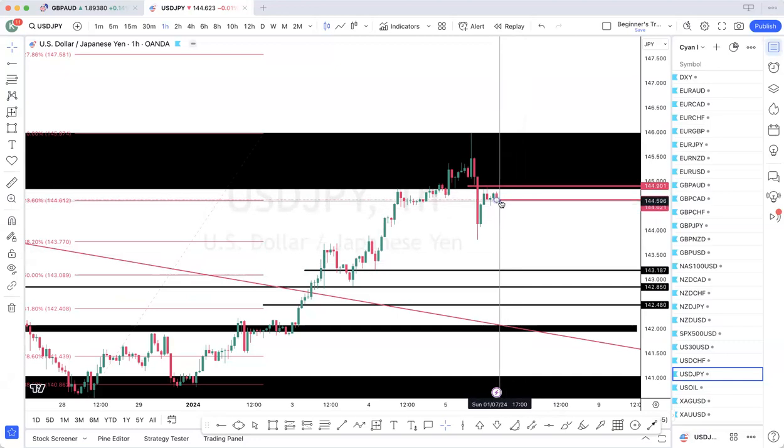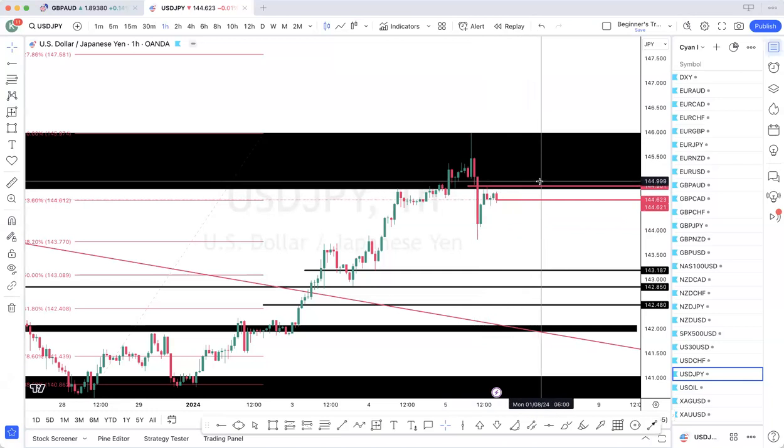So maybe on Monday after midnight, once it gives the bias, Monday and Tuesday might go up to tap into this imbalance. And then Wednesday, Thursday, Friday, it might just be going down. Like I said, we won't know until after Monday midnight.